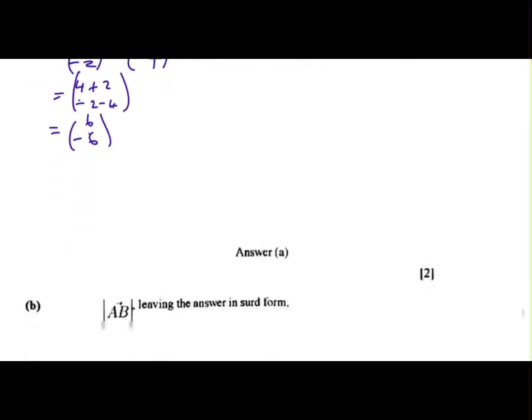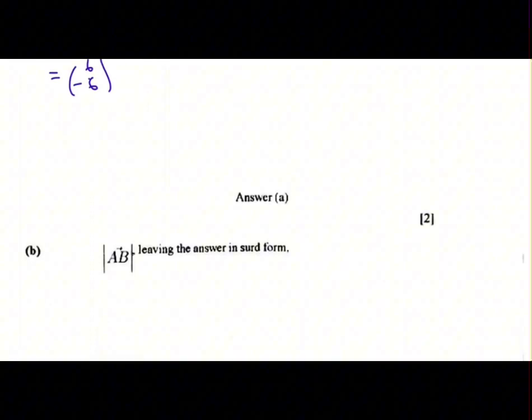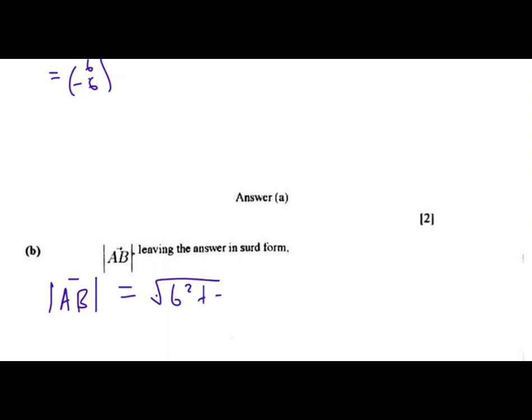Next question, find the modulus of AB, leaving the answer in surd form. So finding the magnitude of AB is very simple. We're going to find the square root of a squared plus b squared. All right, so we're going to take the positive value of a squared and b squared, so it will be the square root of 6 squared plus (-6) squared, which is equal to 36 plus 36, which is equal to 72.